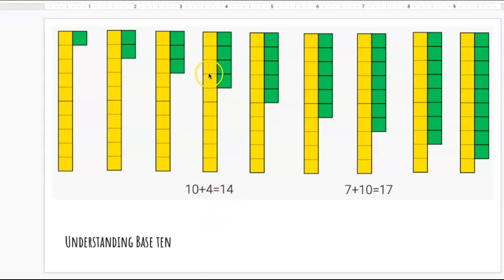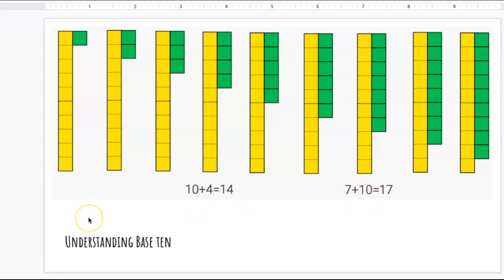So here in this case, we have 1 ten plus 4 ones, and that will be 14. And remember, it doesn't matter the order of addition. Addition is commutative. And so we could have 7 plus 10, and that's the same thing as 1 ten and 7 ones. So 7 plus 10 is 17.